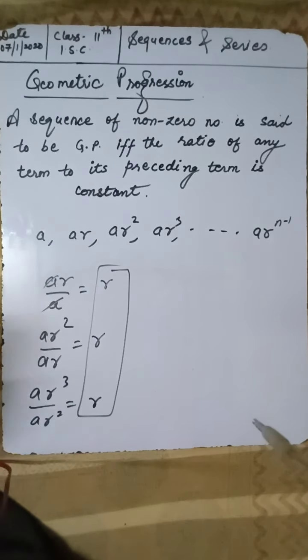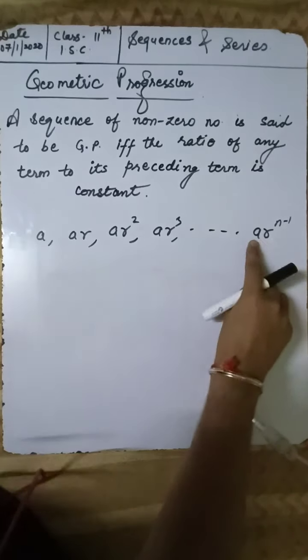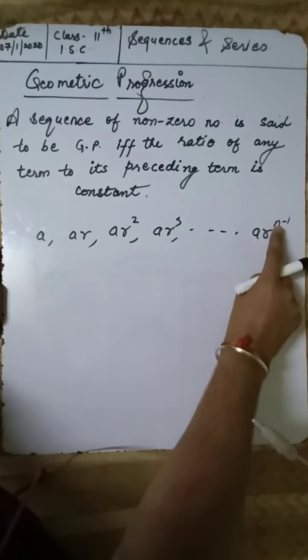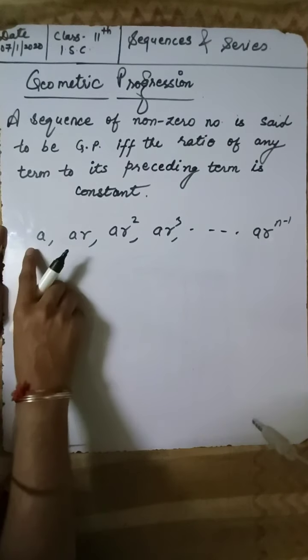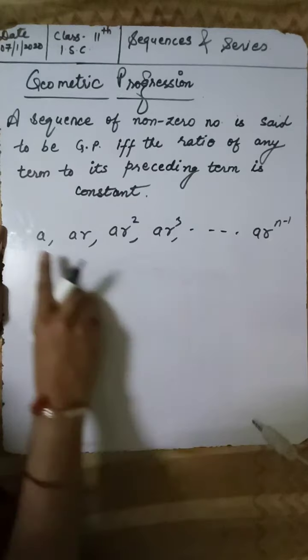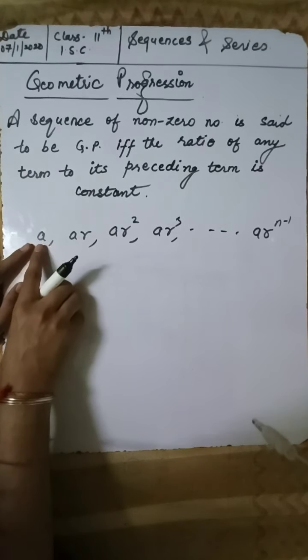Now what is its general term? The general term, or the last term, is a r to the power n minus 1. Why? Because the series has n terms, and I started writing r only from the second term, so one is remaining.